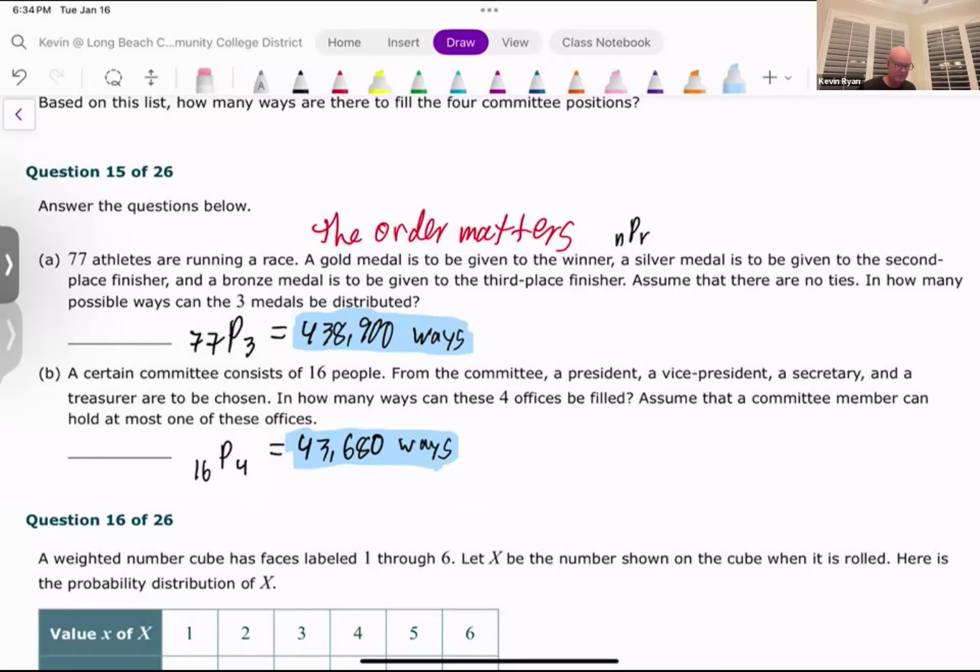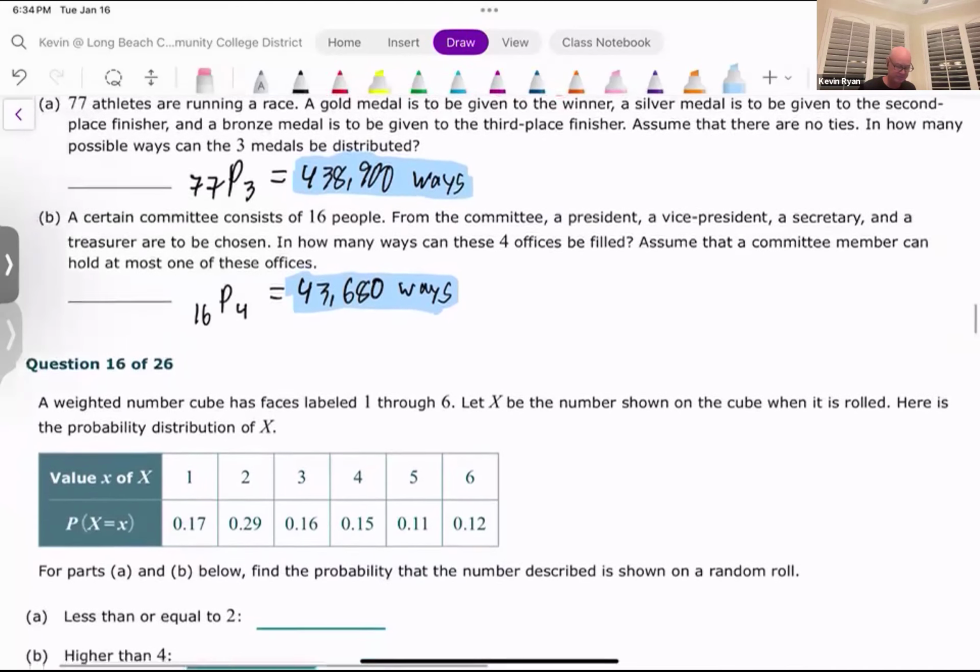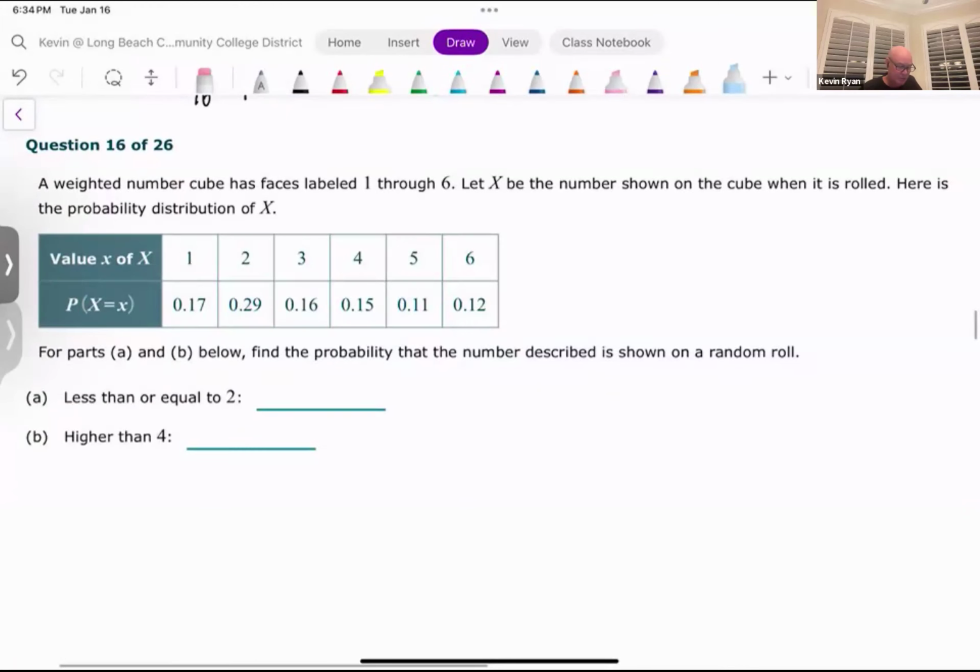All right. A weighted number cube has faces labeled 1 through 6. This is a die, which is singular of dice. Let x be the number shown on the cube when it is rolled. Here's the probability distribution of x. Meaning 17% of the time they've rolled a 1, 29% of the time a 2, 16% of the time a 3, and so on. Find the probability that the number shown on a random roll is less than or equal to 2.